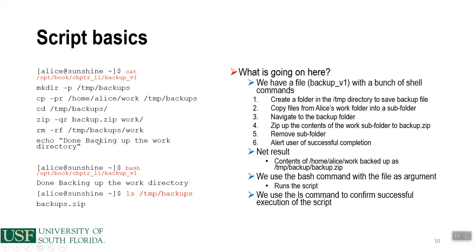After this is done, we're going to get a confirmation from the system saying done backing up the work directory. And so the net result is that we've got the contents of home/alice/work backed up as temp/backup/backup.zip.